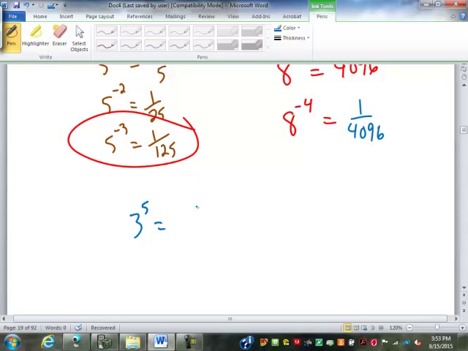So if 3 to the fifth power is 243, 3 to the negative fifth power has to be 1 over 243. Perfect. So y to the negative 1 has to be 1 over y.